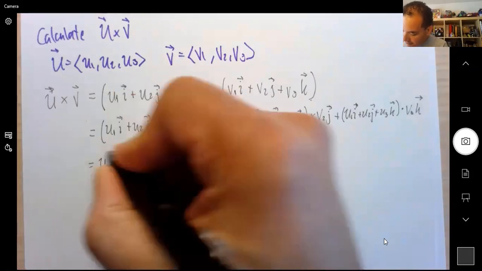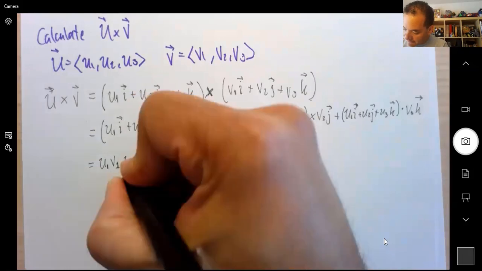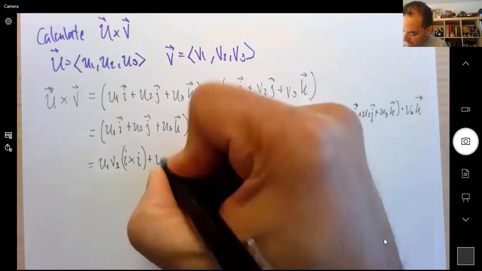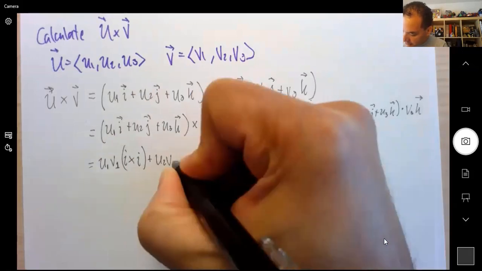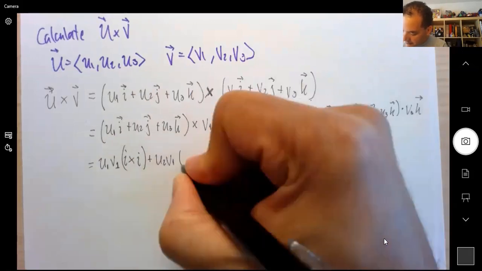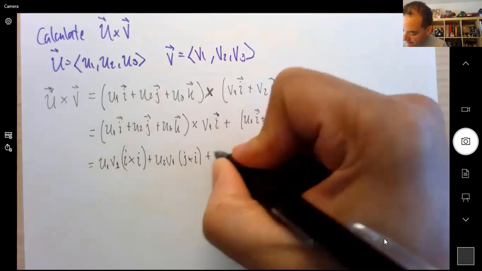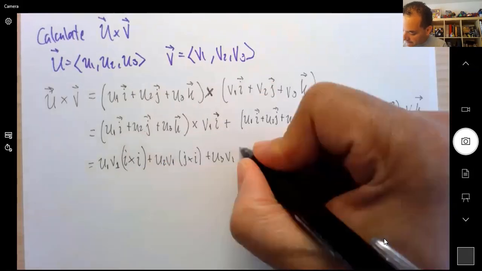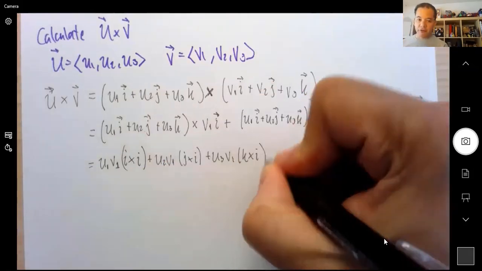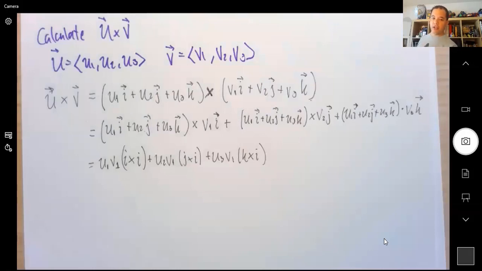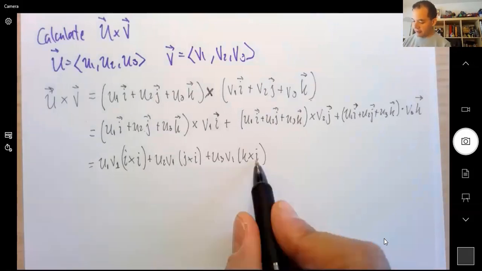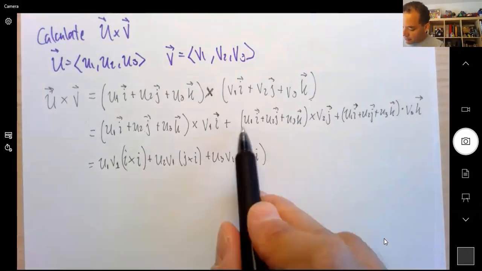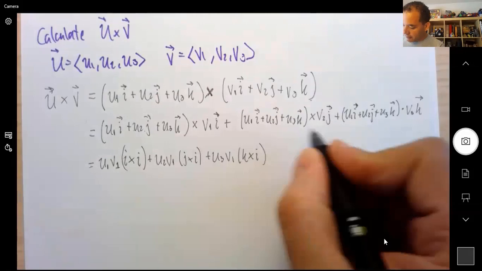That's the constant, and then it's I cross I, plus U2 V1, and it's J cross I, plus U3 V1, and now it's K cross I. And I'm not writing the arrows on top of it because then it's just gonna look clunky, but you know these are vectors, right? The I, J, and K, you know they are vectors. So I just did these three. I'm gonna write the others in the bottom so that it also looks a little bit cleaner.